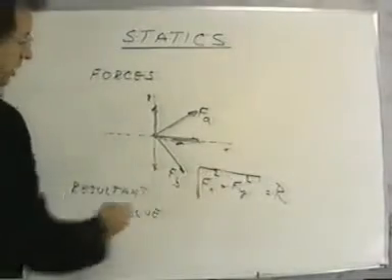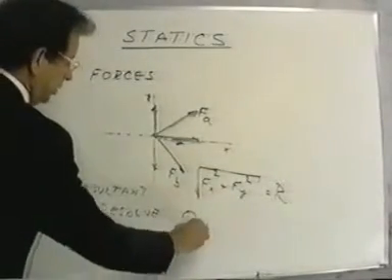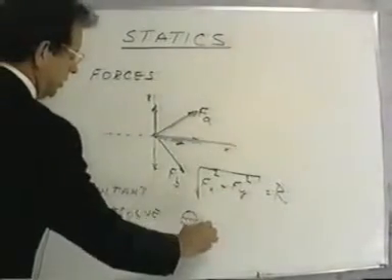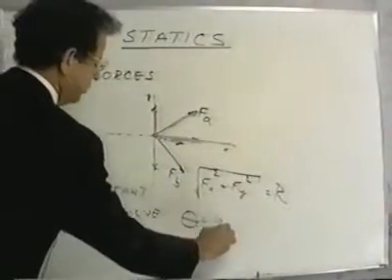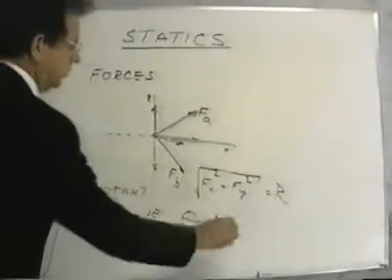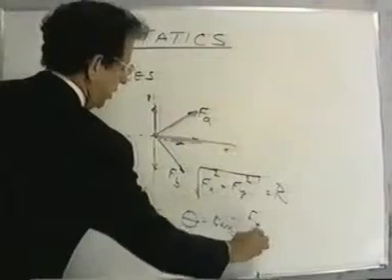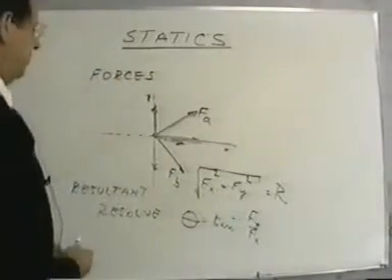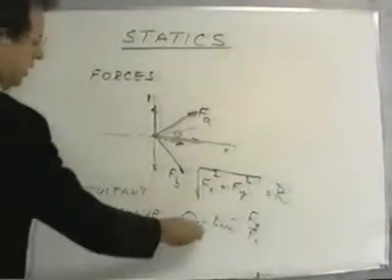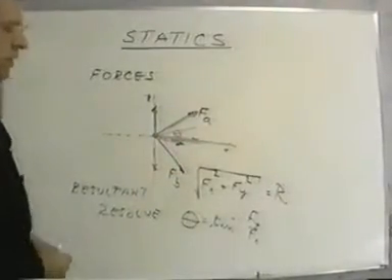The resultant will also have an angle. Call this angle theta, which could be with respect to the x-axis, and this angle theta would be given by the arctangent of F sub y over F sub x. So with respect to this axis, I can have a resultant that has an angle theta, and that's the way I would find the value of theta.